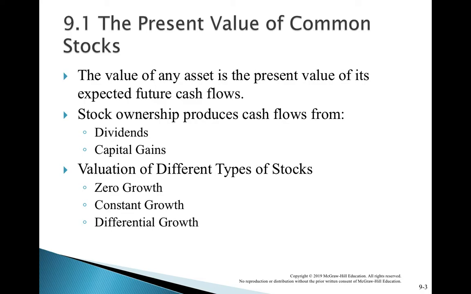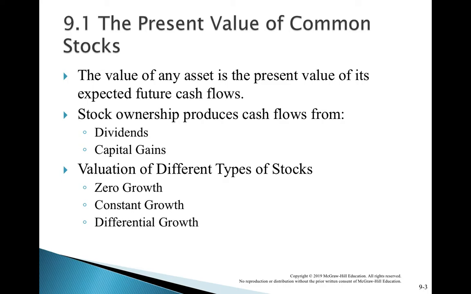The third situation is there will be differential growth rates, like for the first few years the growth will be 30%. For example, year 1 to year 3 the growth will be 30%. Year 4 to year 7 growth will be 15%. Year 8 onwards the growth will be 5%.